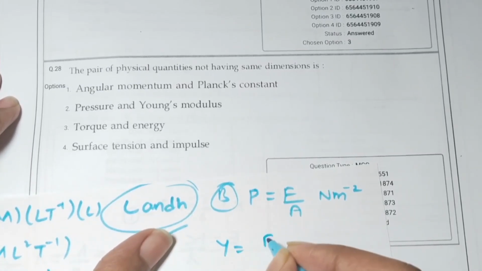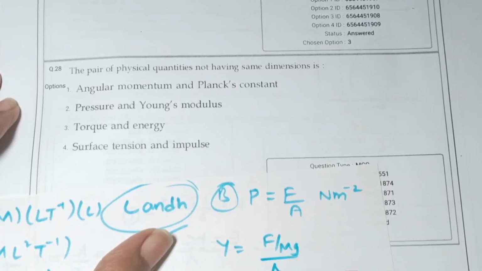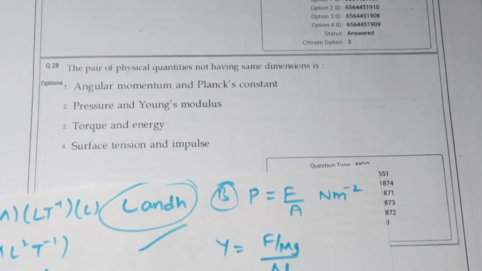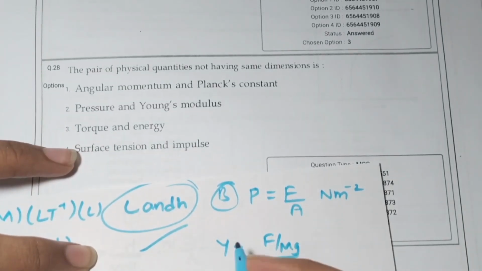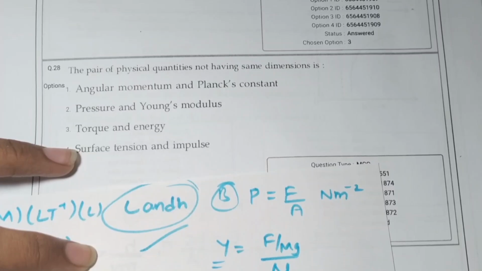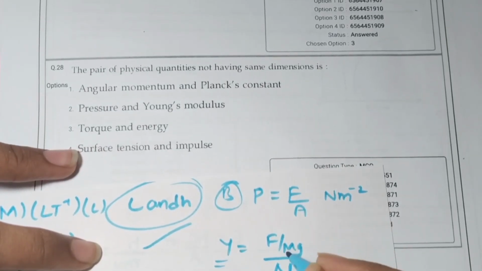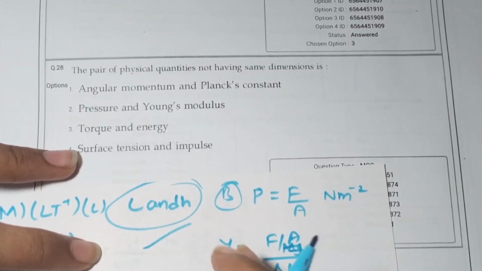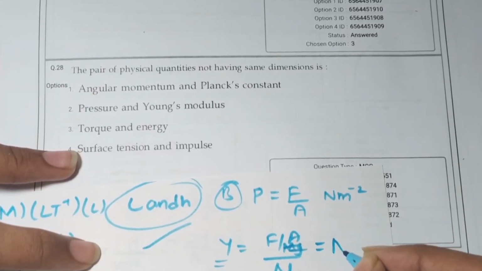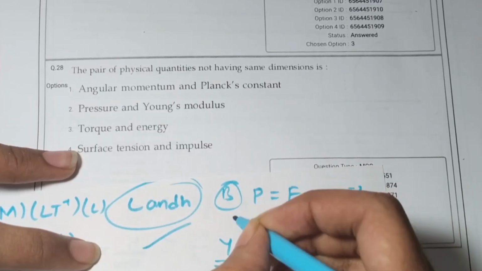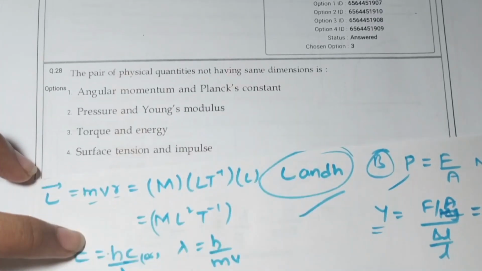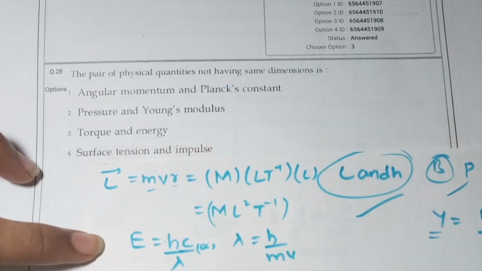Because Y equal to F by A upon delta L by L. In case you have any doubt, this is a ratio, so it doesn't have any dimension. So it is also having same dimensions as pressure. So option B is also correct. I mean, both are having same dimensions, but he was asking not having same dimensions.